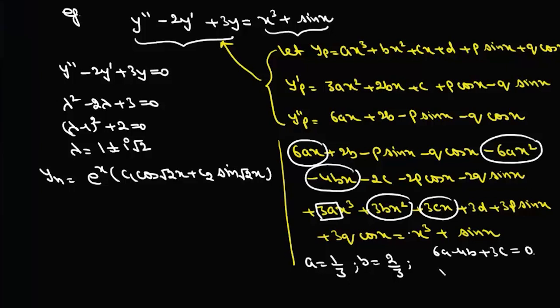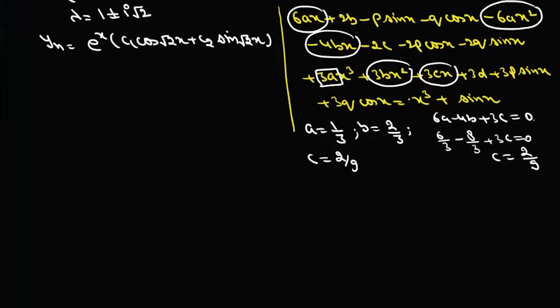Now this is 6 by 3 minus 8 by 3 plus 3c equals to 0. So value of c is simply 2 by 9.